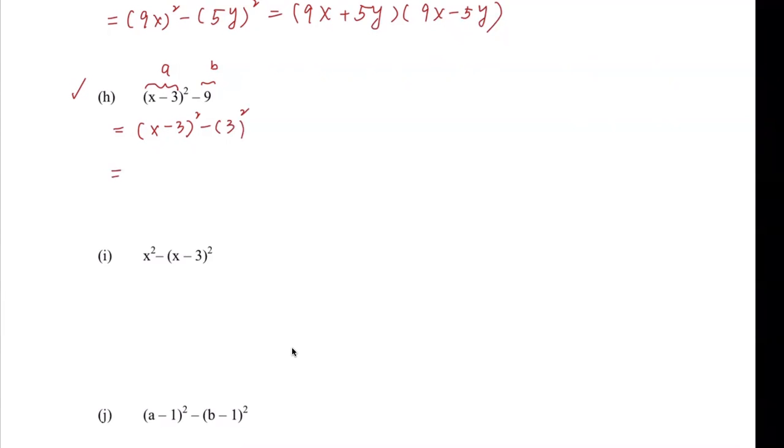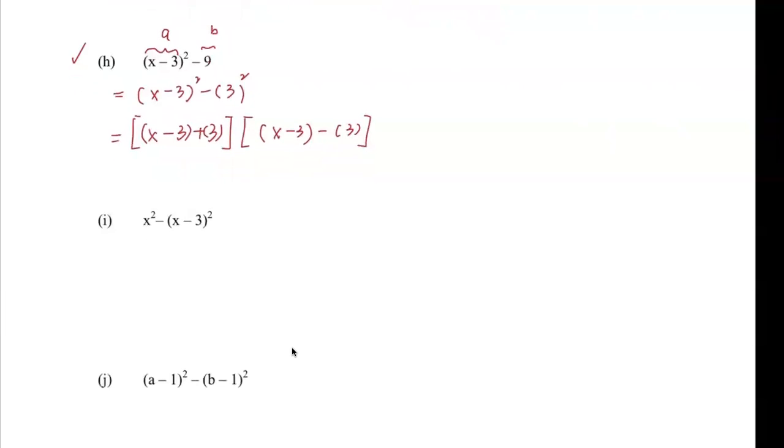So this is equal to x minus 3 plus 3. Maybe it's easier for you to understand if I write it this way. Times x minus 3 minus 3.